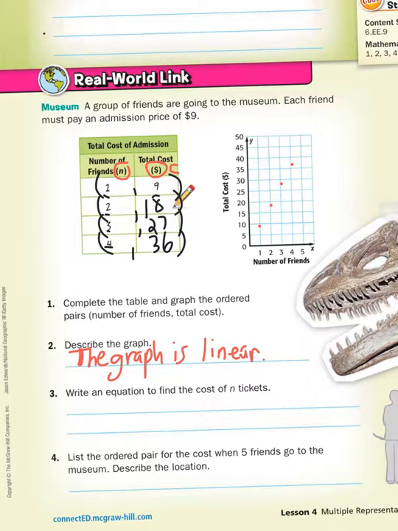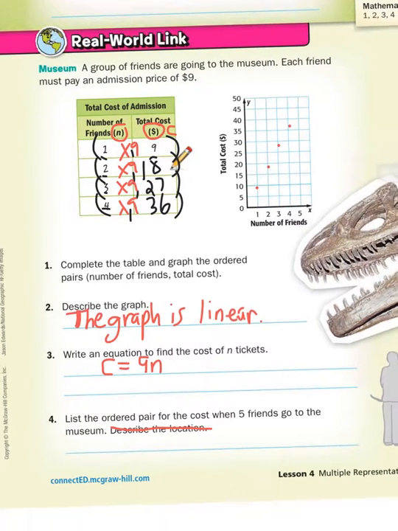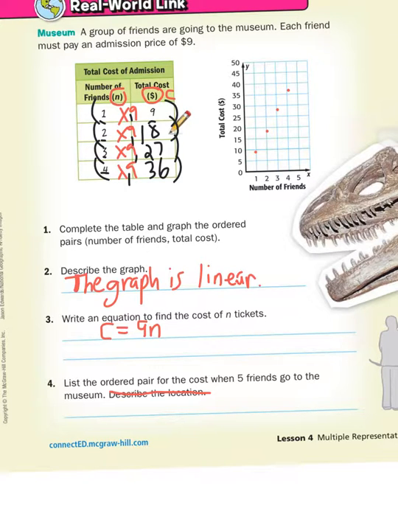So we're going to find C, so you start with C equals 9 times whatever n is, because we're multiplying n by 9 to get the total cost. So that's our equation. And 4, list the ordered pair for the cost of 5 friends to go to the museum. If we continued the table and you had 5 friends, 5 times 9 is 45.